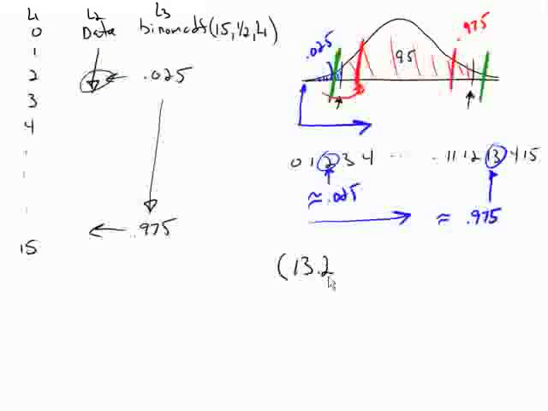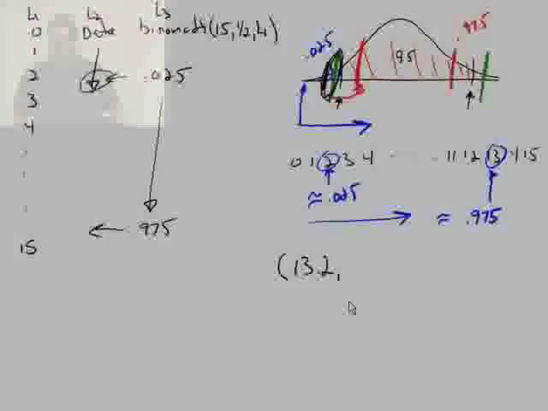And right there is the left end of my confidence interval. So I'm going to write that down so I don't forget it. I know the left end is going to be 13.2. And you can see 13.2 is going to give me a value out here, kind of like this green one I did. It's not quite at 0.025.